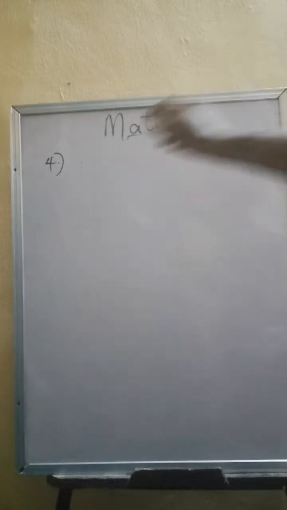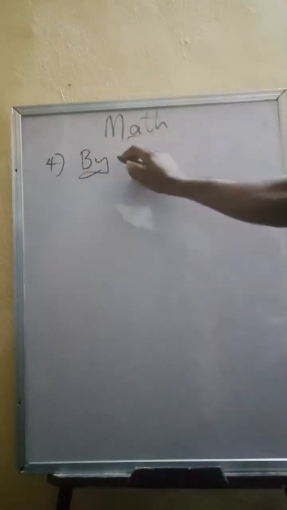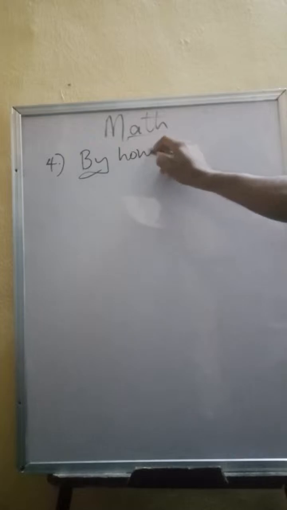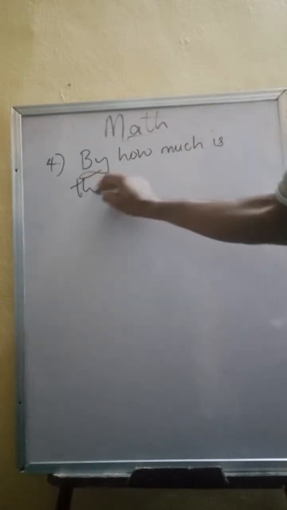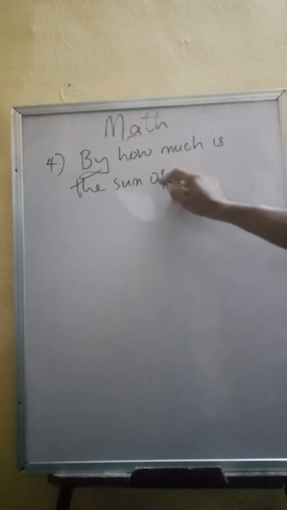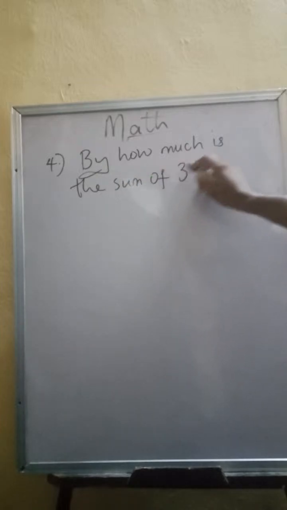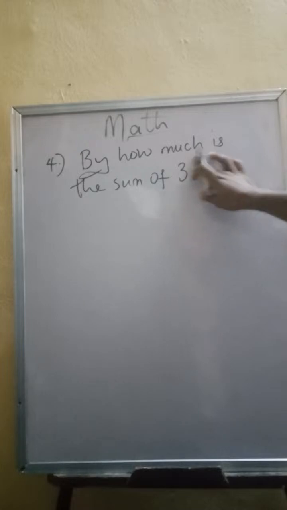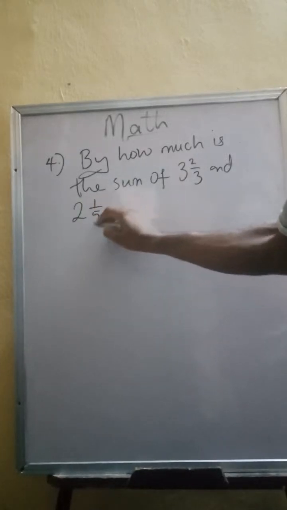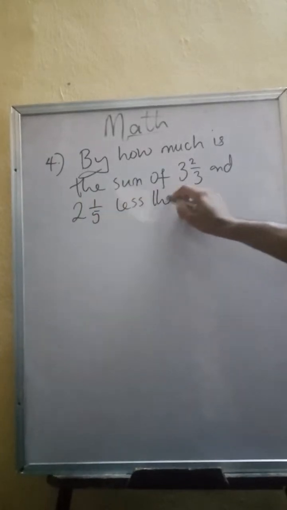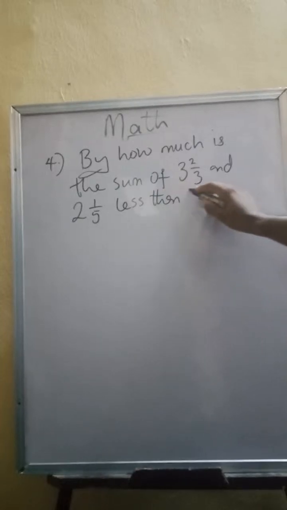The B part says by how much is the sum of 3 whole number 2 over 3 and 2 whole number 1 over 5 less than 7.